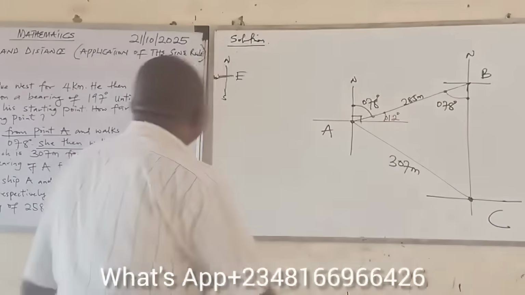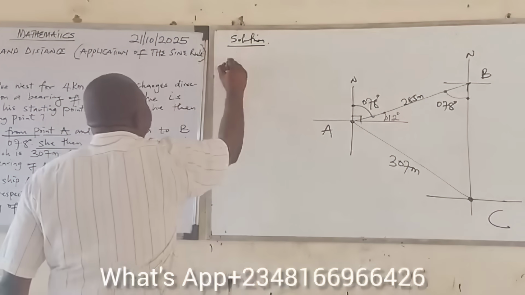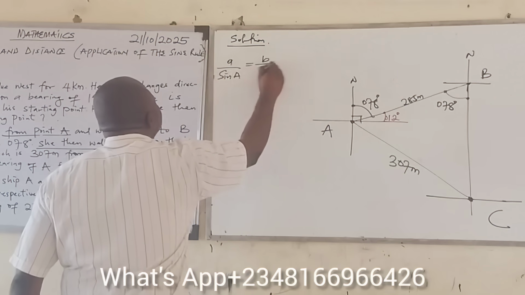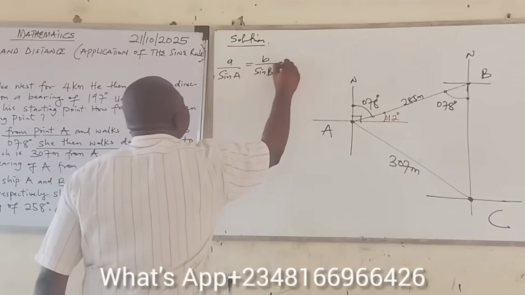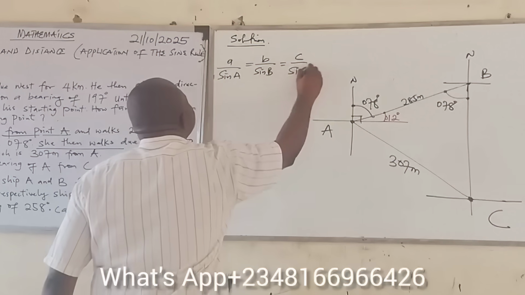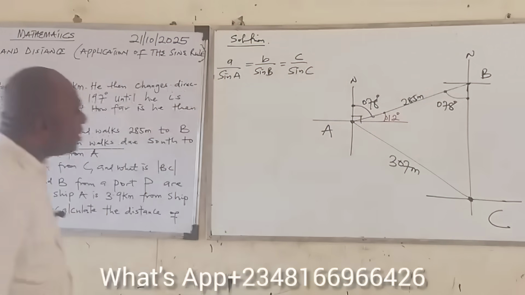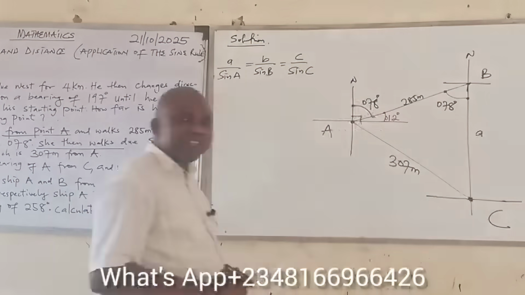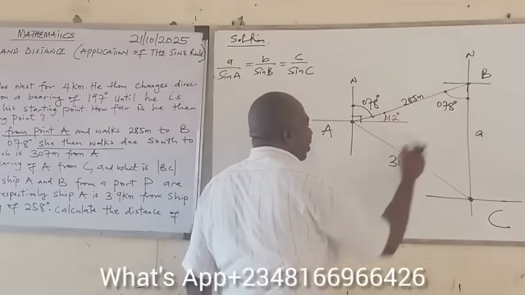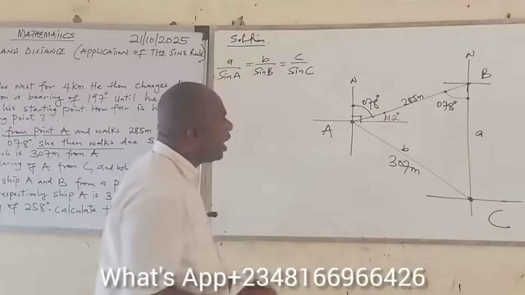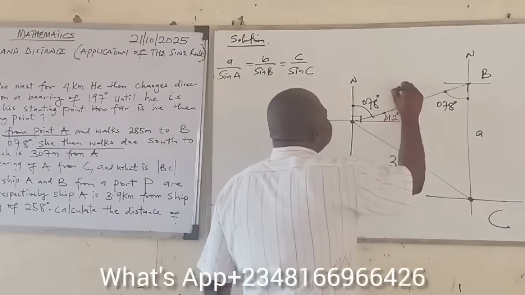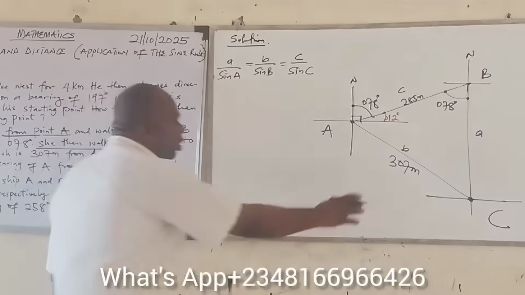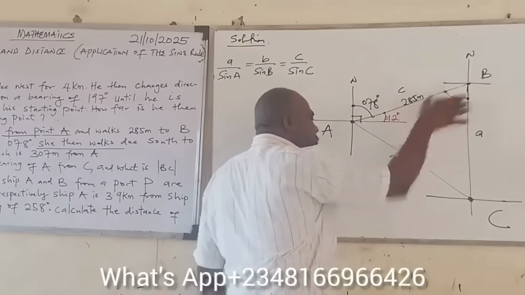Remember the sine rule states that a over sine A is equal to b over sine B and is equal to c over sine C. The side facing big A is small a, the side facing big B is small b, and the side facing big C is small c. If you look at this very well, you will discover that we know the value of small b and big B. So let's start from there.